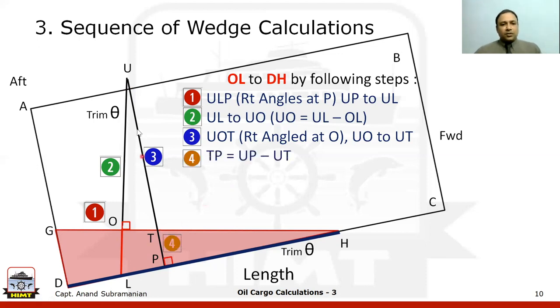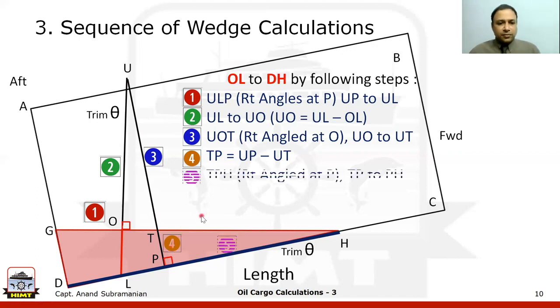Once we know UT, we already have UP, which is the height of the tank plus the height of the ullage pipe. So we can easily find TP. TP is UP minus UT. This is the sounding of the oil which is parallel to the aft bulkhead, and that's our step number 4.